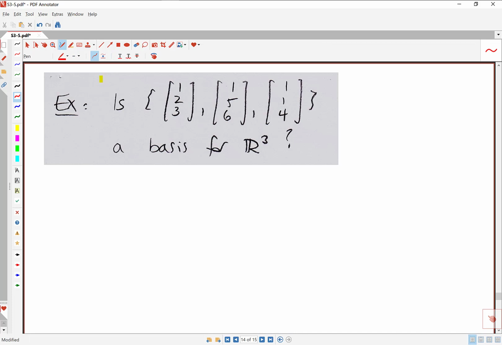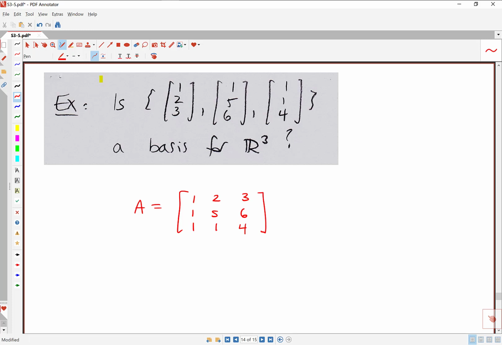So the question is: is this set of 3 vectors a basis for R3? Well, the first thing I would want to do is turn this into a question about a matrix. So I'm going to build a matrix out of these vectors. We could either put the vectors into rows or into columns, but hopefully we've learned from this section that it's a little bit easier to work with the row space of a matrix than the column space.